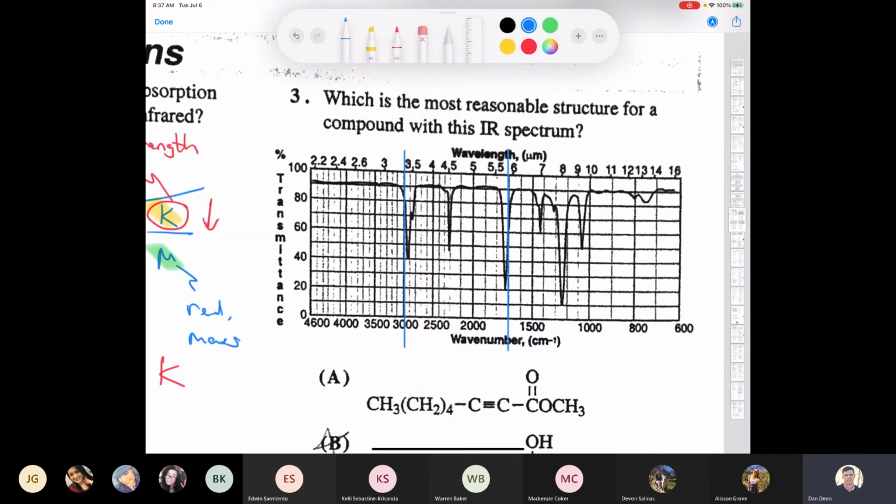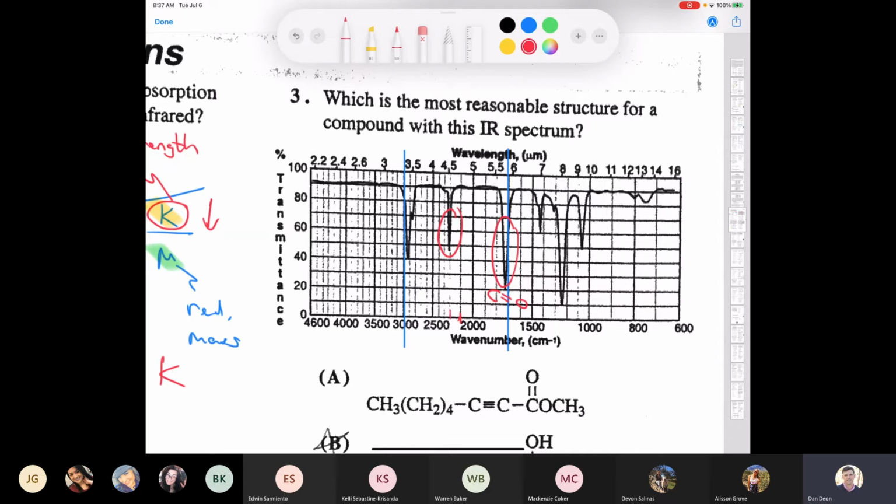I know it's a little grainy, but you can still pick out the low-hanging fruit, right? I would say the most important signals are here. There's obviously a carbonyl in the compound, okay? And then we also have a signal right here. You don't see that every day in organic chemistry, and it's a little grainy, but it goes 2000, 21, 22.